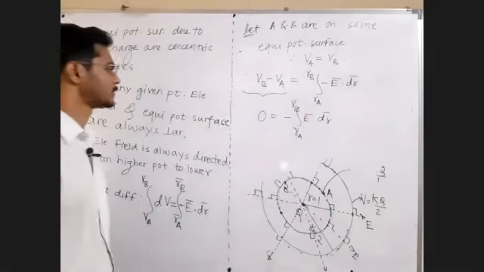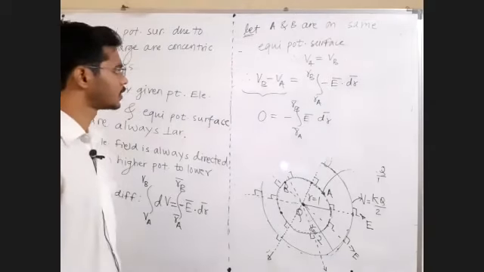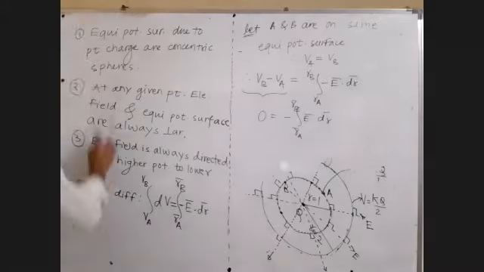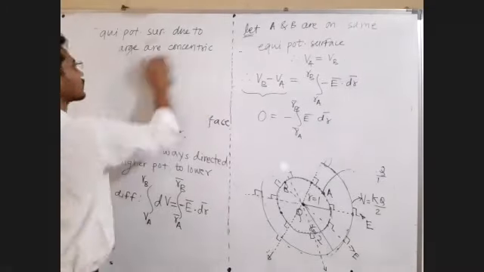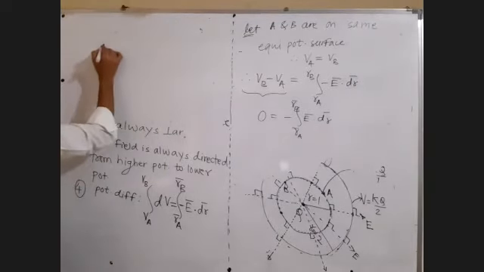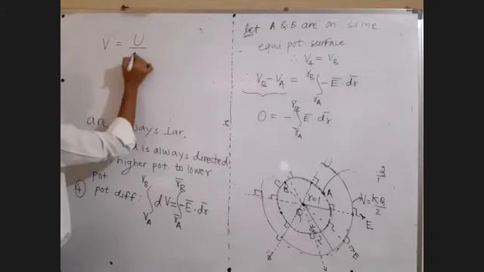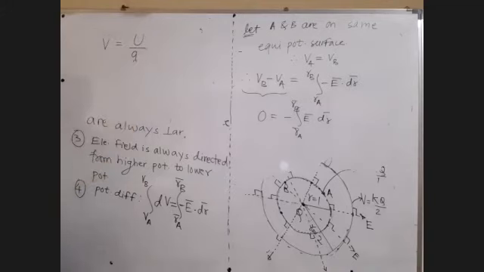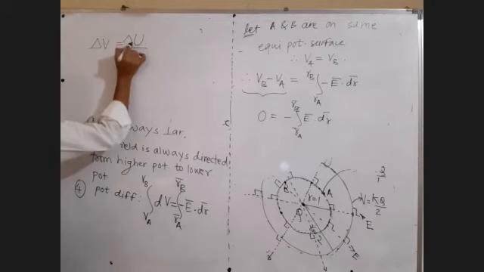Sir, what does this mean? Very simple, try to understand. Now write down. We know potential is equal to potential energy of given charge divided by given charge. So we want potential difference, so potential energy difference upon given charge.